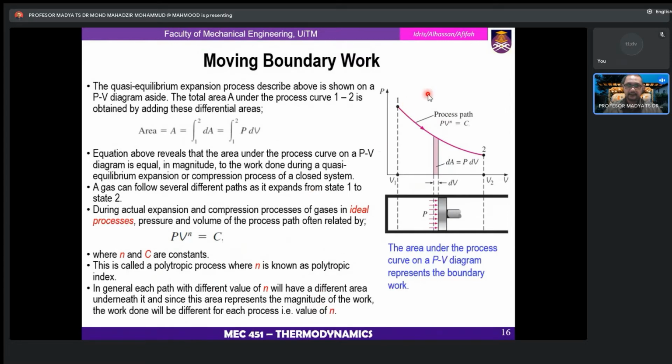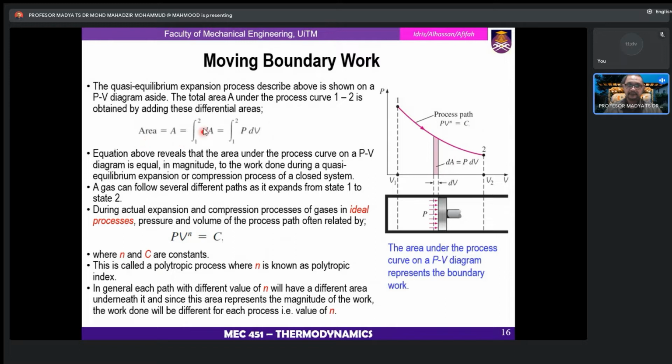Okay, this is how we express the moving boundary work in the graph of pressure versus volume. This is a process that happened from state number one to state number two. The total area under the process 1-2 is obtained by adding these differential areas.